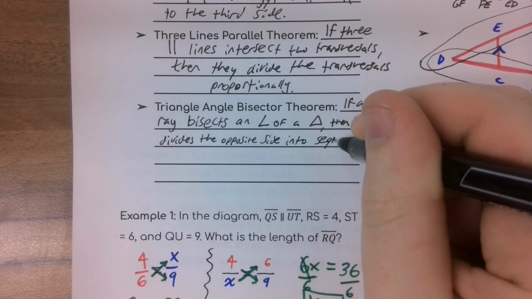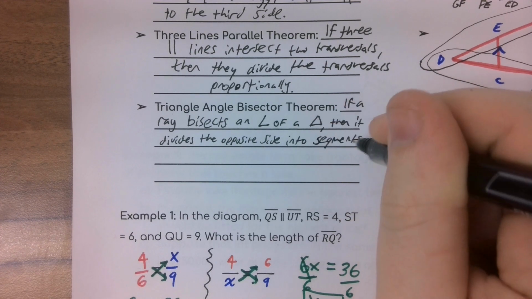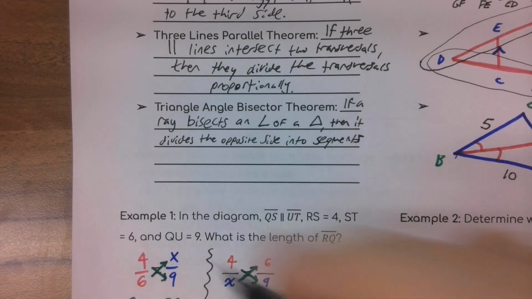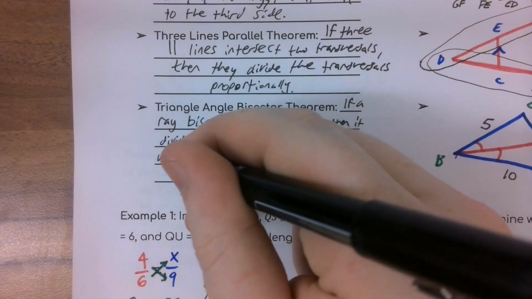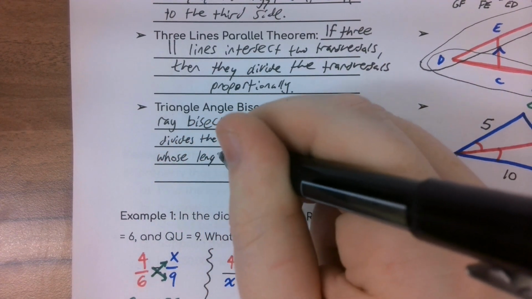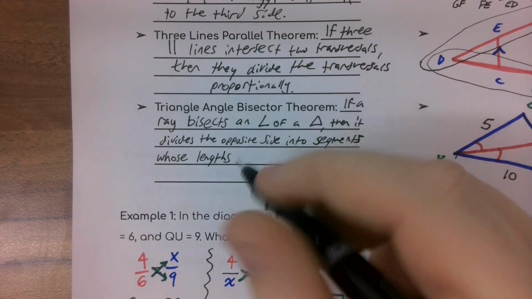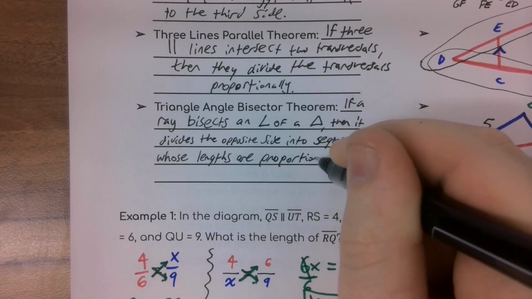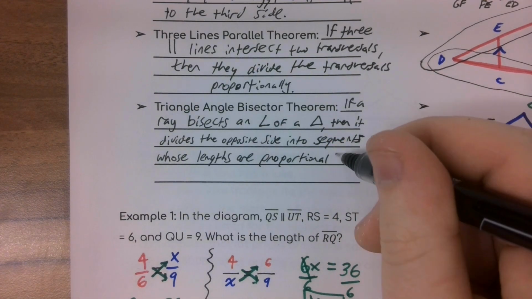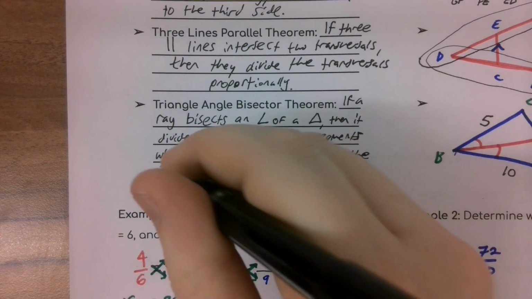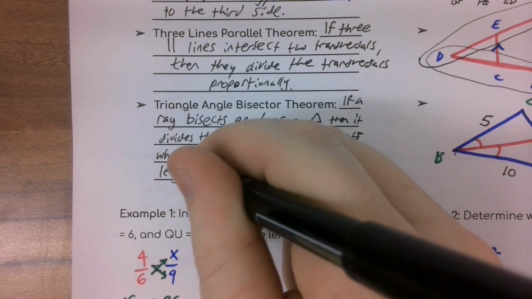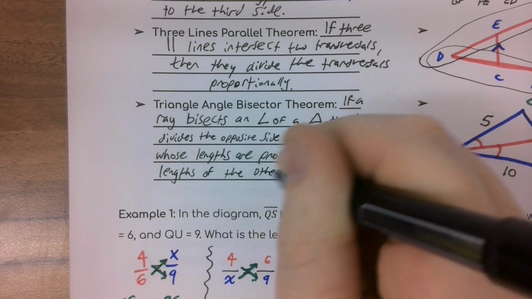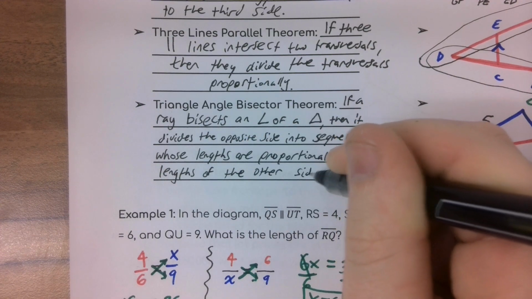into segments. We know that these segments are CD and DA, segments whose lengths are proportional to the lengths of the other sides.